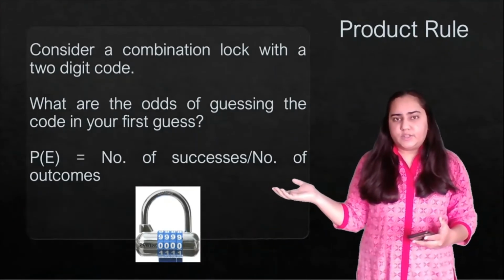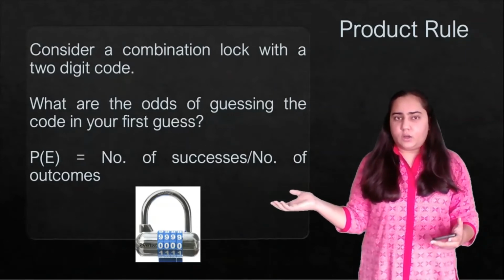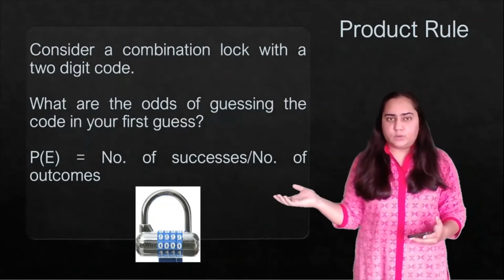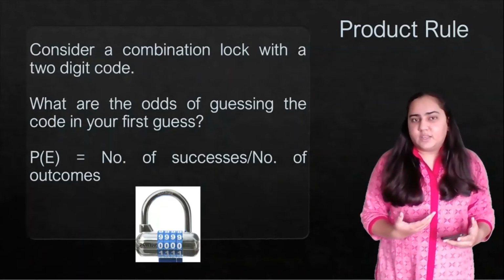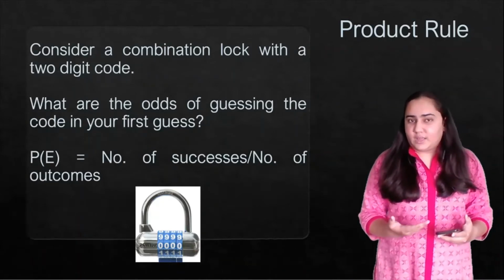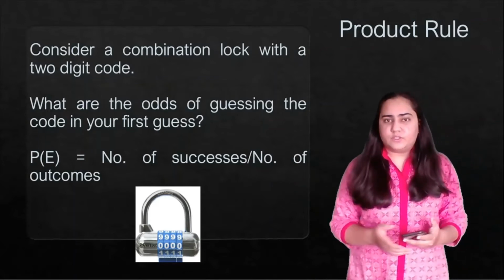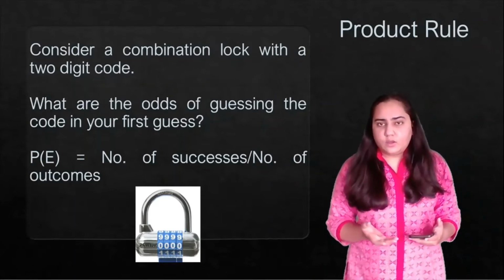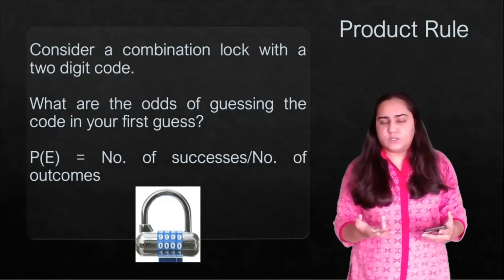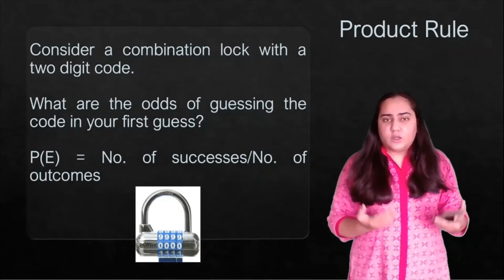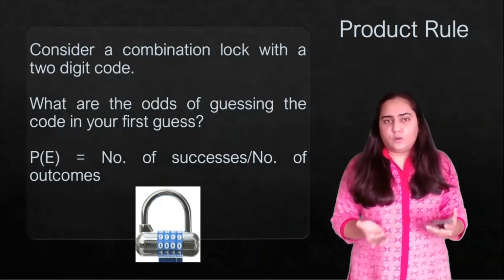So consider that you have a combination lock with a 2-digit code. What are the odds of guessing the code in your first guess? So this is the question: you have a digit lock that contains 2 digits, and if you get the correct combination of those 2 digits, then the lock opens.